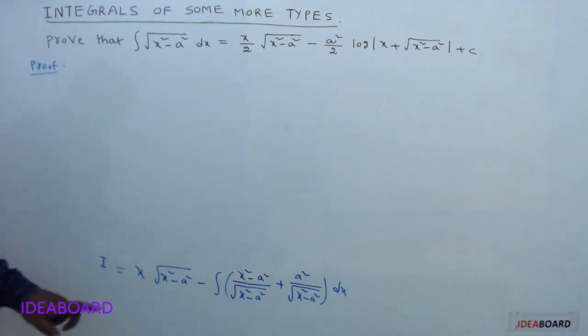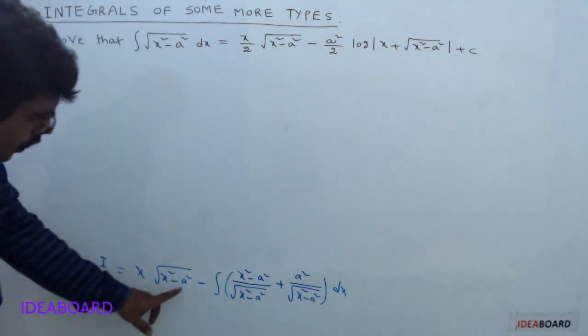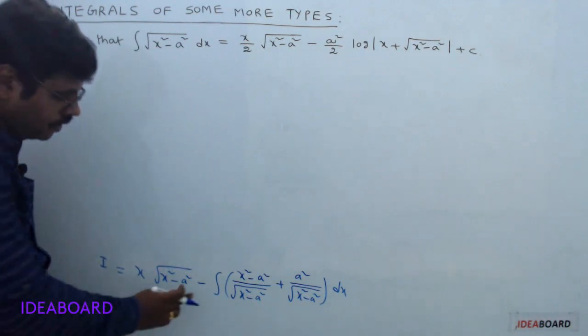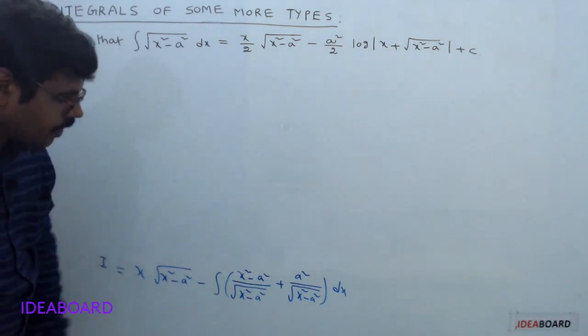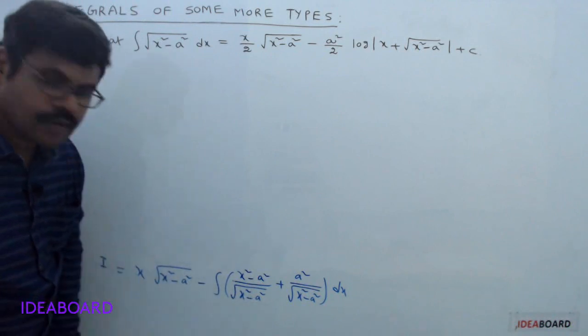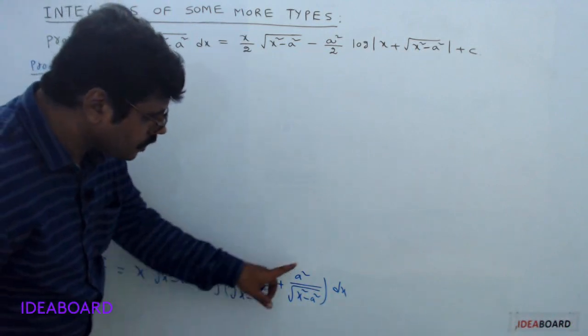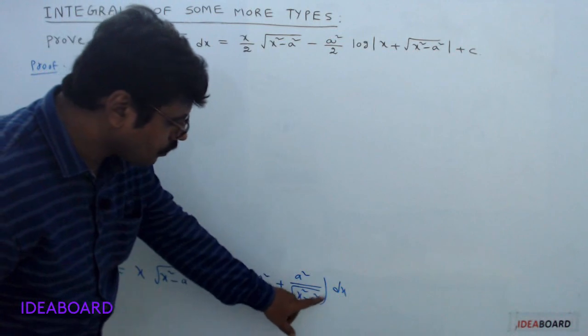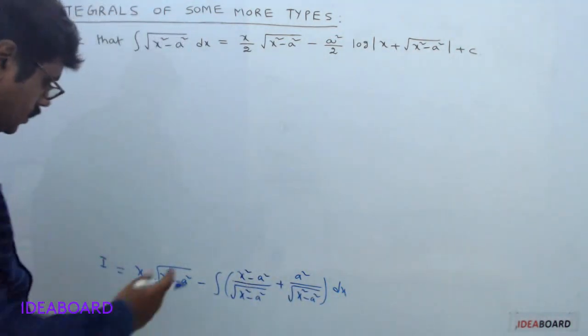So I equals x into square root of x square minus a square minus integral x square minus a square divided by root of x square minus a square plus a square divided by root of x square minus a square dx.